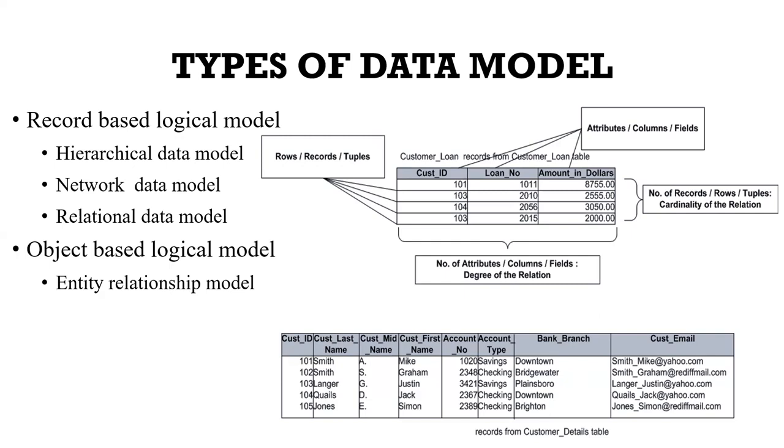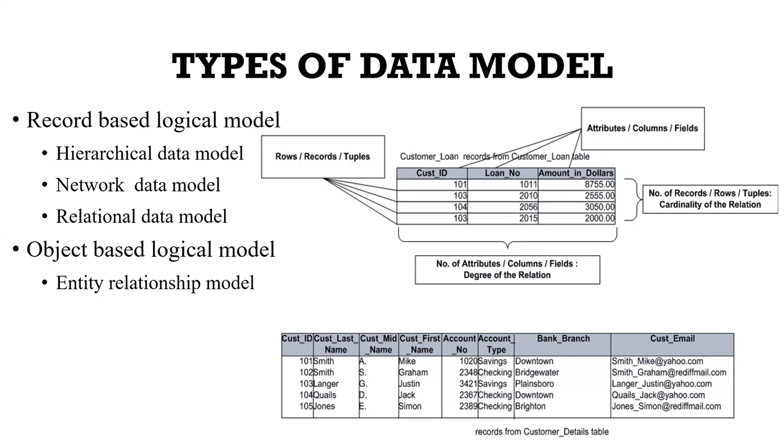The name of the relation is customer loan. The rows are represented as tuples. They also mention the cardinality of the relation, in the sense of how many rows, that is, how many values are present, which describes the cardinality of the relation.